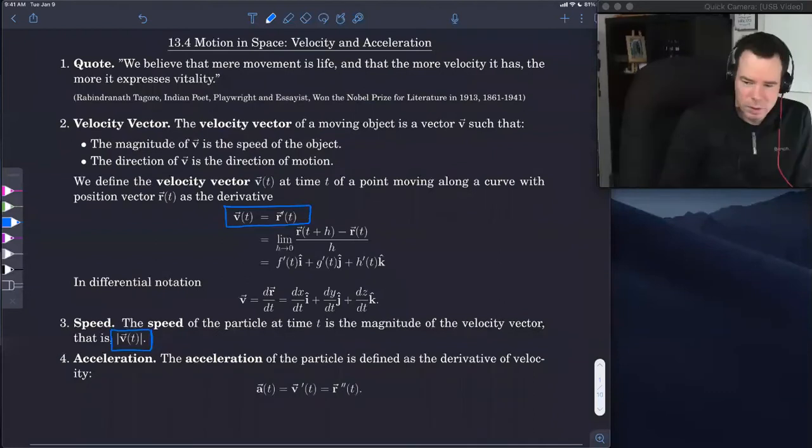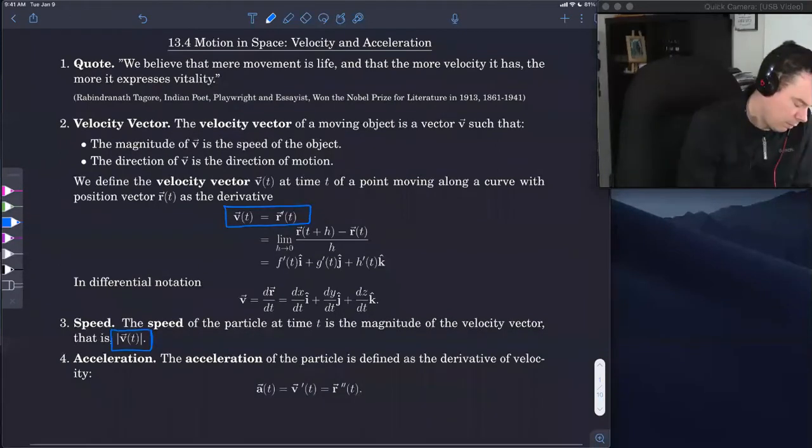And one thing we're going to do with this is split our velocity vector into its magnitude and its direction. So its magnitude is given here as its speed, and its direction is what we'll introduce on the next page, which is the unit tangent vector. And then from that, we can get the acceleration.